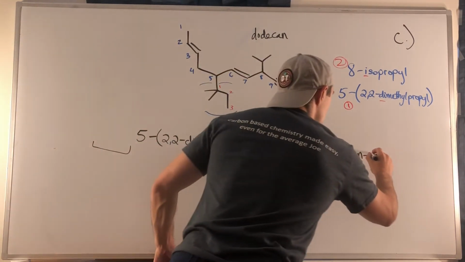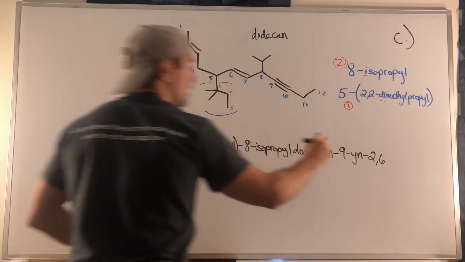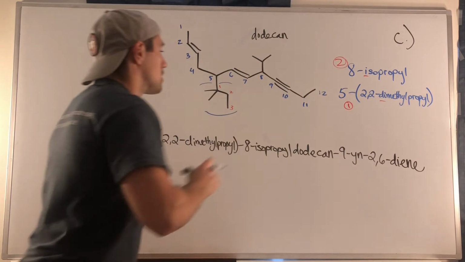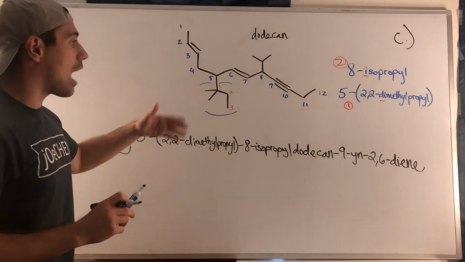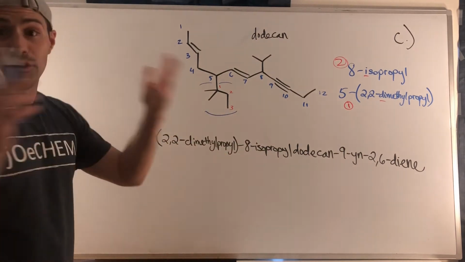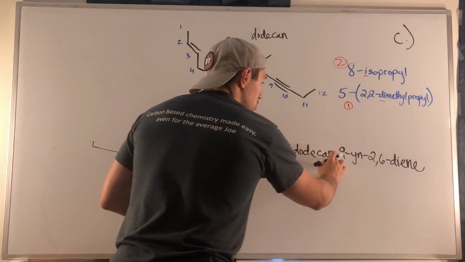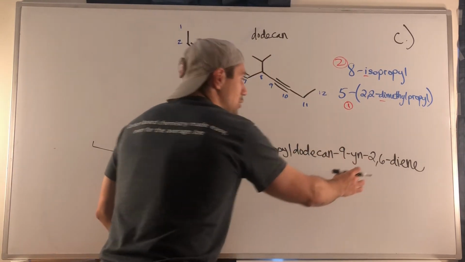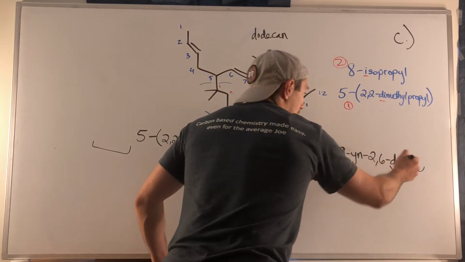So then it's 2, 6, 2 and 6, and then we do diene. So I apologize. You list your substituents, and when you have both alkynes and alkenes, you write the parent name, and then you write up to where you would finish the name. You indicate where the alkynes are, and then you finish the name with the alkenes. And because we have two of them, we do a di.